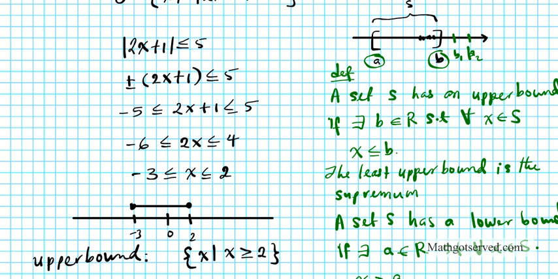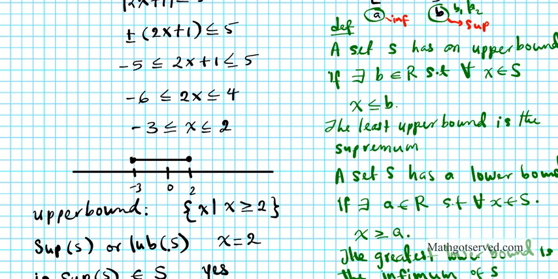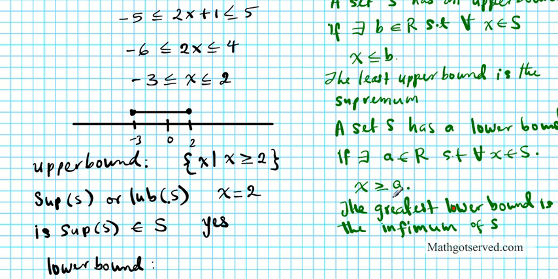Any number to the left, or any number less than this, is guaranteed to be a lower bound also, because they are less than any element contained in S. This is the greatest of all the lower bounds, so this makes A the infimum. This is the infimum right here, and this right here is the supremum. The greatest lower bound is the infimum of S.